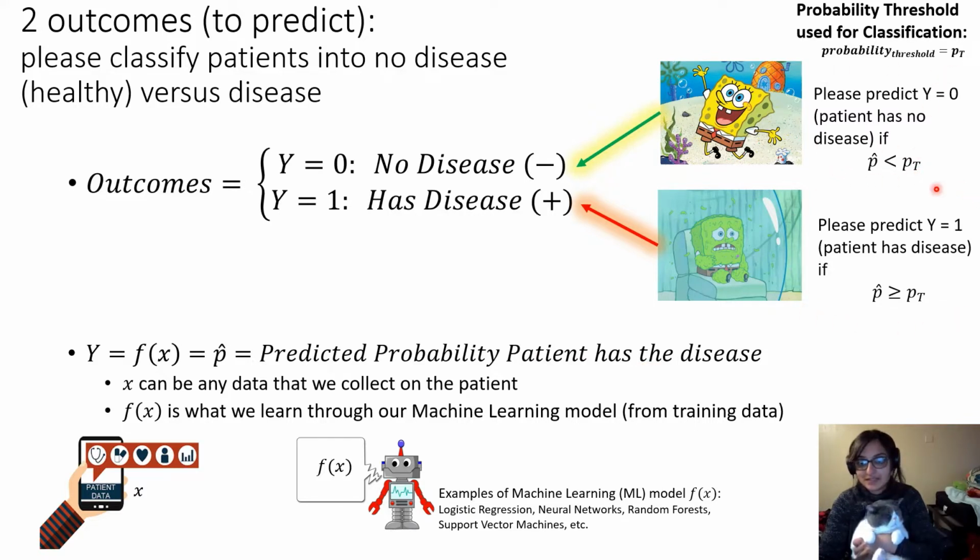Otherwise, we predict that the individual has the disease, that y equals 1, if the patient's predicted probability of having the disease is greater than or equal to this threshold. Typically the threshold has been 50% in some cases, but in medical decision making, we stay away from 50% necessarily, and we can look at other thresholds because sometimes the errors may not always be the same. And I talk about this in other videos too.